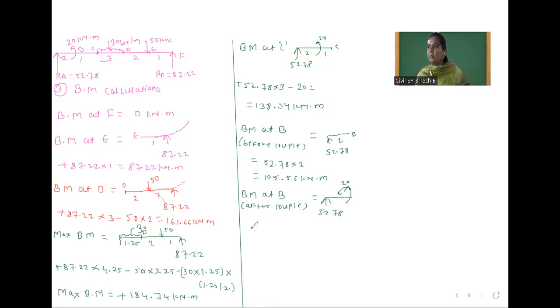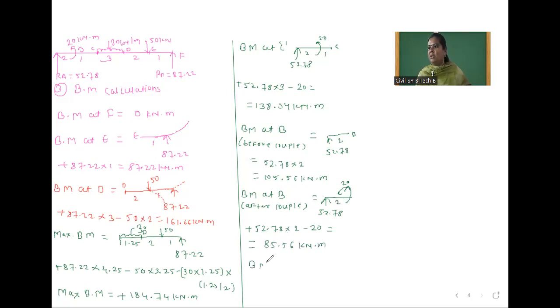So the perpendicular distance is 2 meters. So plus 52.78 into 2 and minus 20, which is equal to how much? 85.56. 85.56 kilonewton meter.